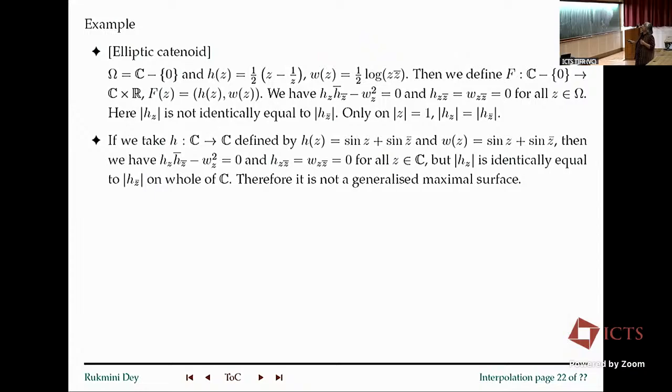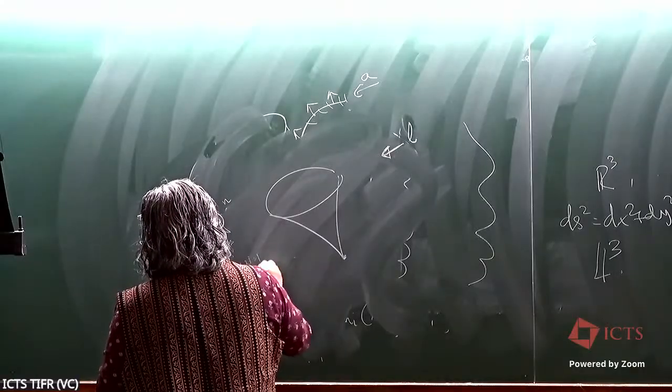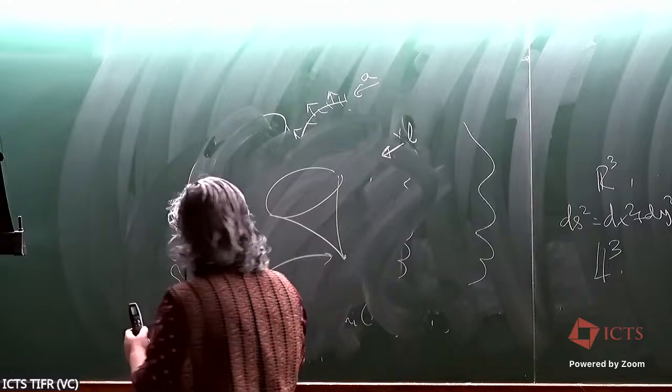But on mod z equals 1, mod h_z is equal to mod h_z bar. So the whole unit circle, mod z equals 1, goes to that point in the elliptic catenoid. So that is the singular set.